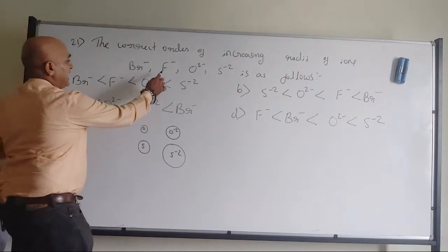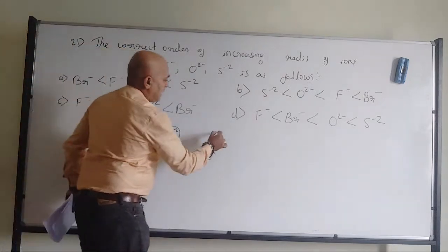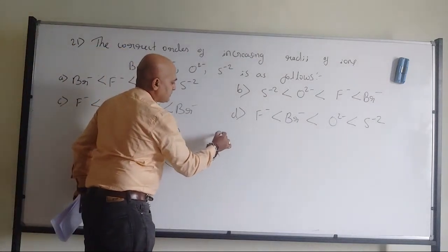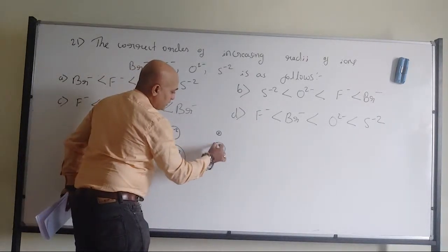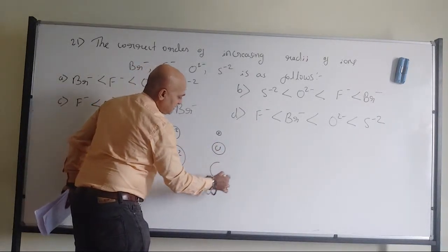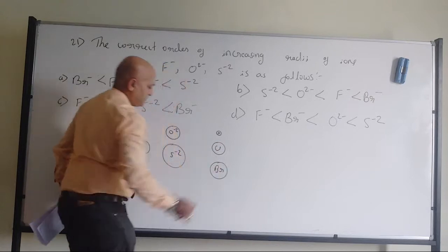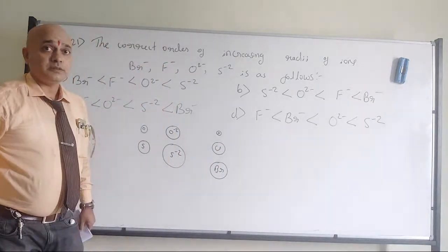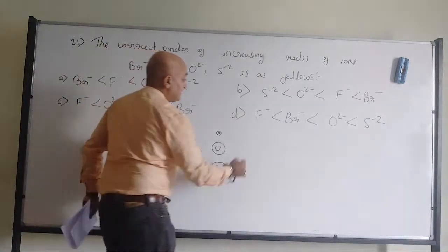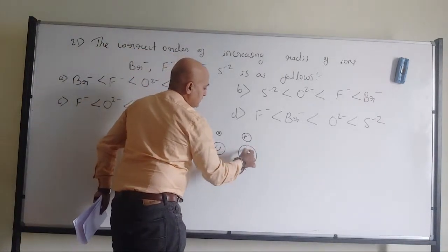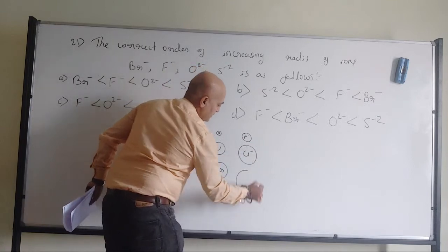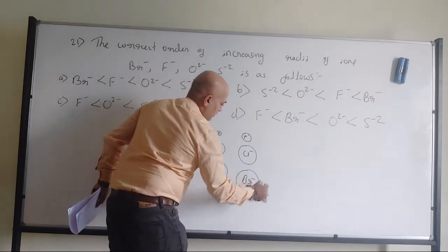But if you see the halogens, I have fluorine, then chlorine, and this is where we have bromine. So fluoride, chloride, then bromide.